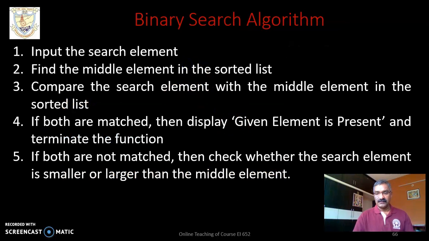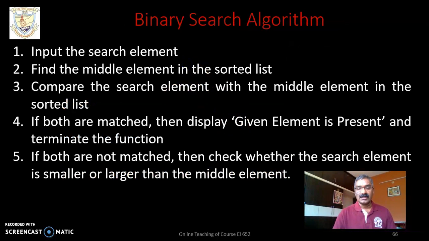Okay, so we have done an experiment on binary search in microprocessor lab in 5th semester. Let me go through each and every step of the binary search algorithm. As in the case of linear search, here also the first and foremost step is to input the search element. In the last program, we inputted it as part of a parameter.